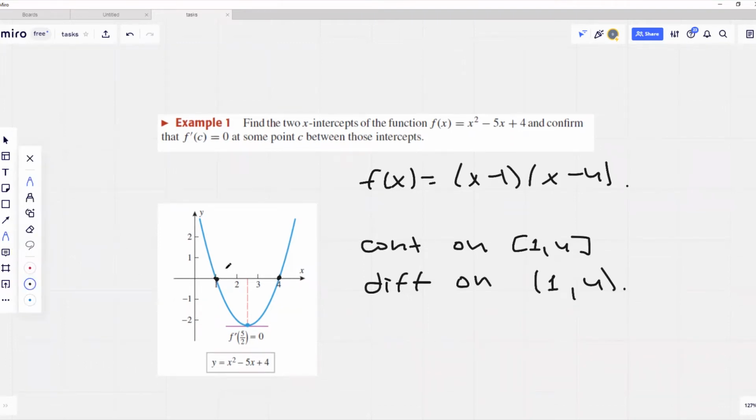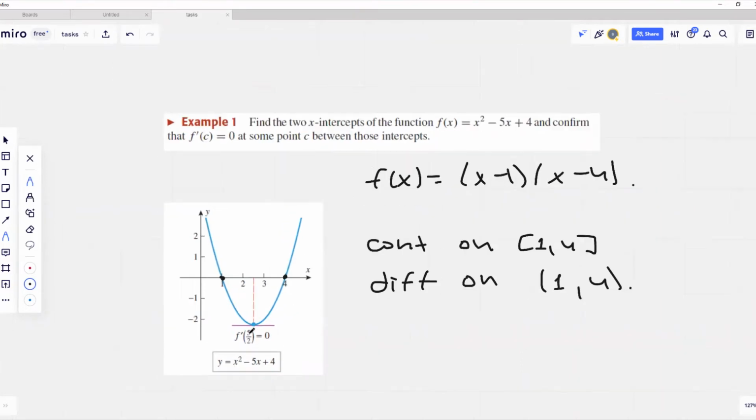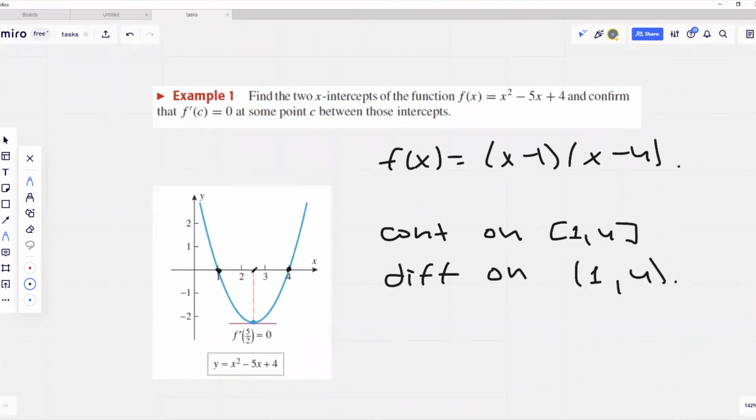Since our function has zero values at 2 points 1 and 4, then it means that in interval from 1 to 4, there is at least one point such that the value of derivative of function is equal to 0. So we have stationary point in that interval. So that point corresponds to a point 2.5.